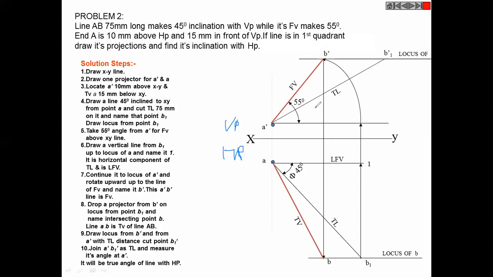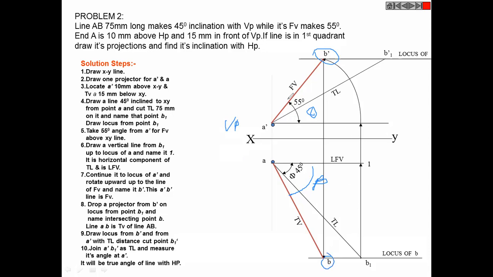Now we have got this is theta. If asked or not, always fill that box completely. That beta is also known. The location of B can also be known. This is the location of B from HP, and this is the location of B from VP. Correct.